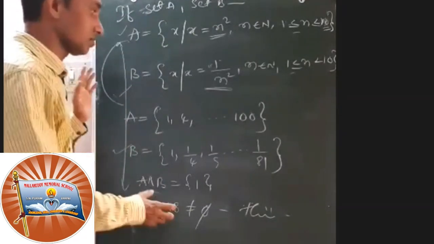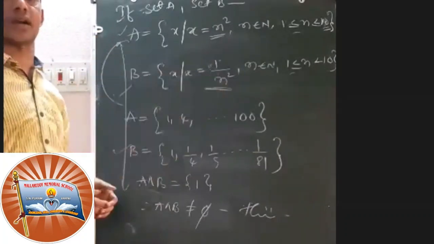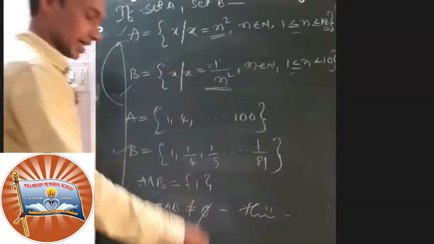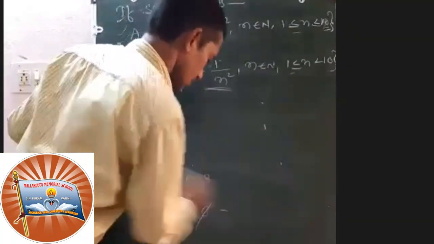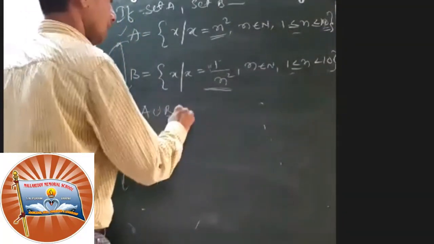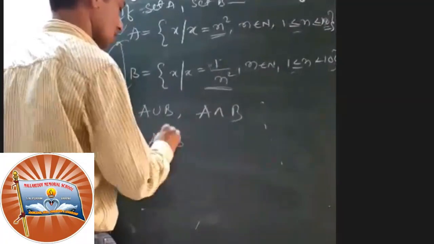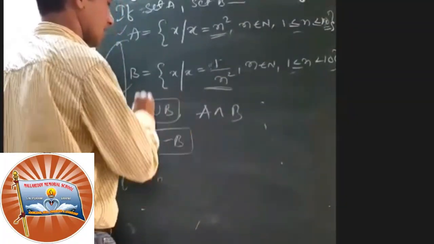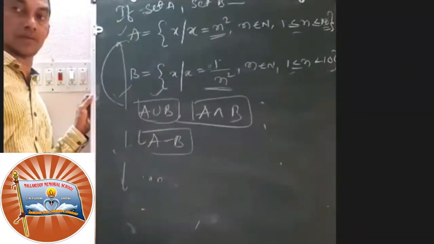Understand? Now I am taking one example of what kind of different questions you may come across in the exam. They can ask A union B, A intersection B, or A minus B directly. For this also you have to convert them into the roster form.